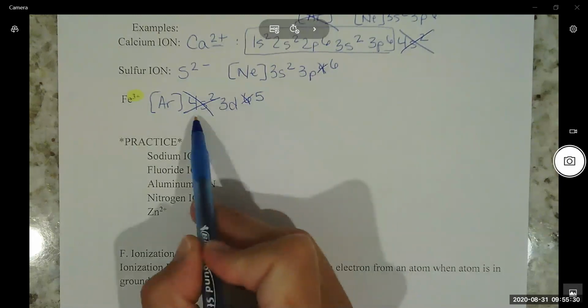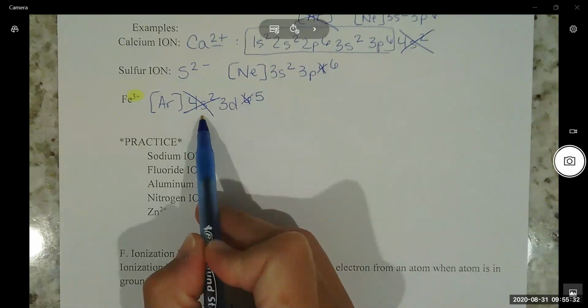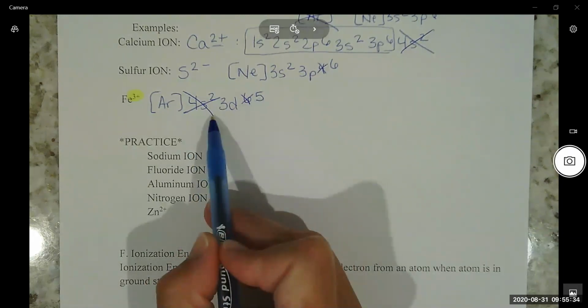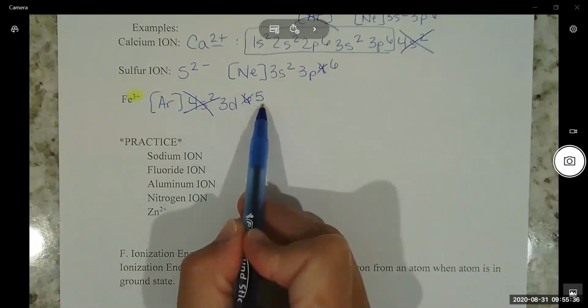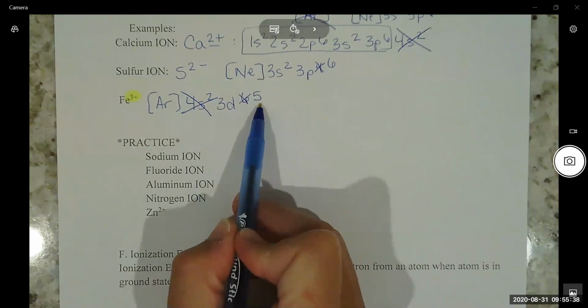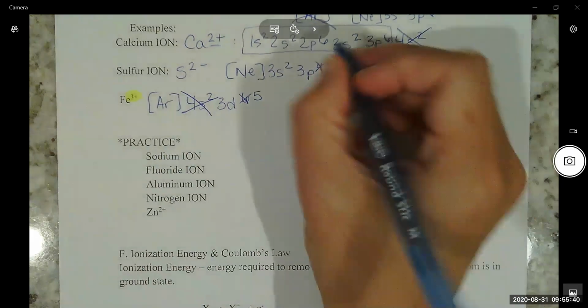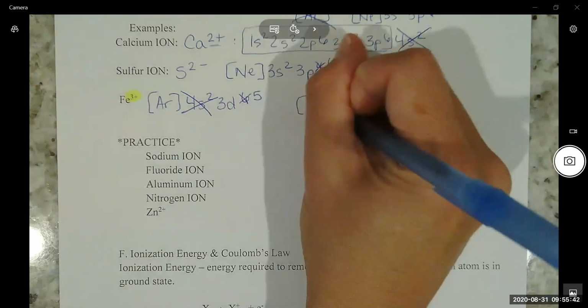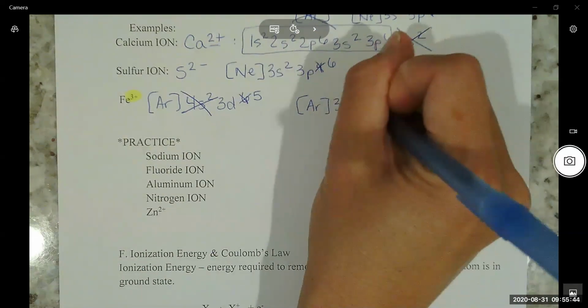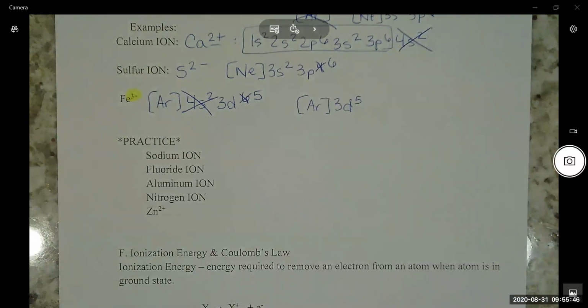That's not right. You have to lose the valence electrons first, and then if you still have more to take away, you take it from what's left over. So argon 3d5 is our electron configuration for the iron 3+ ion.